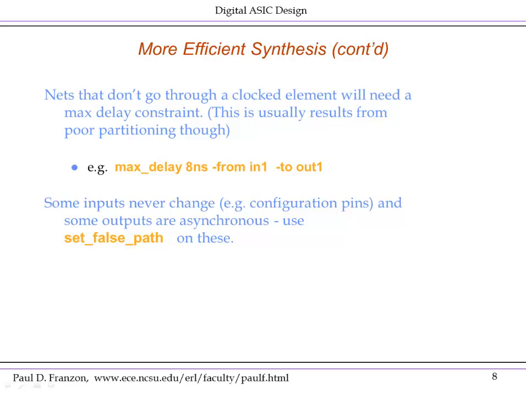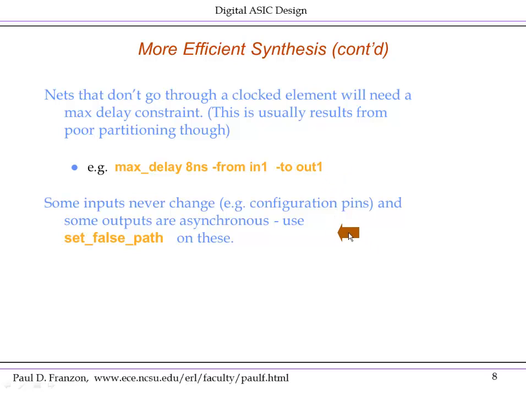Well, if you haven't done that and you insist on not doing that, then this is how you fix that. And that is, you actually have to hand constrain that delay from primary input to primary output using this max delay command. So that's how you do that if you insist that you want to structure your design that way.